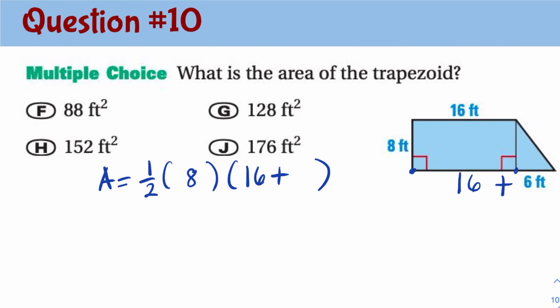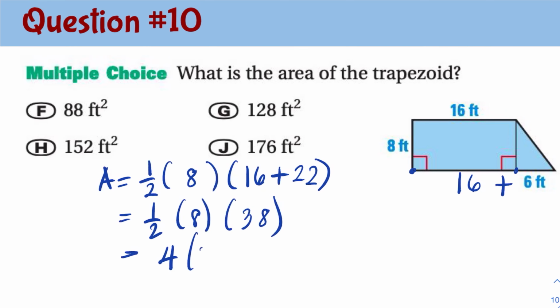So 16 plus 6 is 22. So now we have 1/2 times 8 times 38. So 1/2 times 8 is 4. 4 times 38. And 4 times 38 is 152. So the area is 152 square feet, which is letter H.